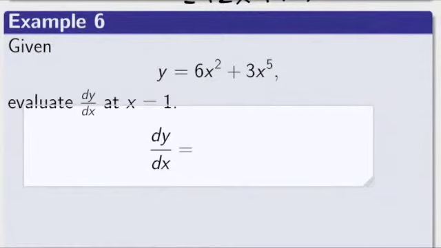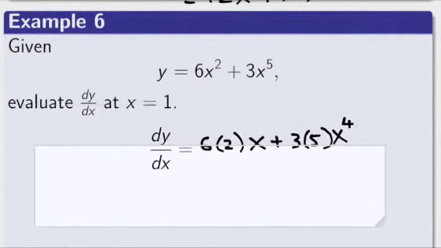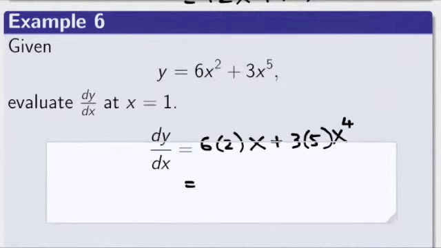So we will drop the index to the front, so we have 2 coming out at the front. x raised to the power 2 minus 1 is 1, plus 3 times 5 x raised to the power 4. So we have 12x plus 15x raised to the power 4.